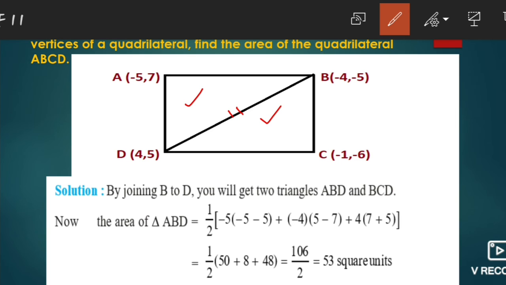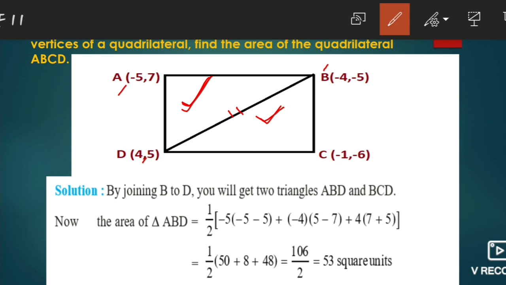And you can see that the area of quadrilateral ABCD is equal to the sum of the areas of triangle ABD and triangle BCD. If you consider this upper triangle ABD, 3 vertices are given.